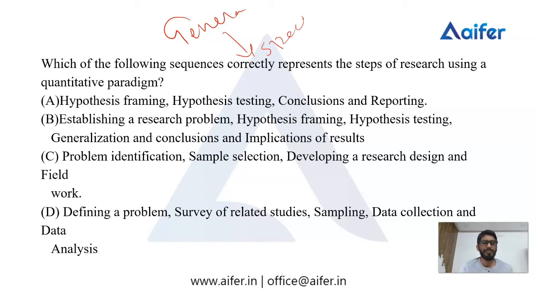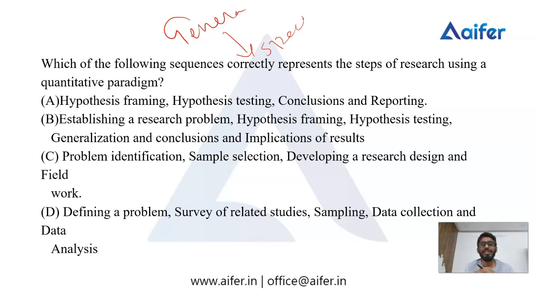Then based on the testing, based on statistical analysis, the researcher would generalize and conclude the research. After the conclusion, mostly a researcher will apply the result. Then only it will be useful for society. These steps in the second option are very appropriate here, I think.